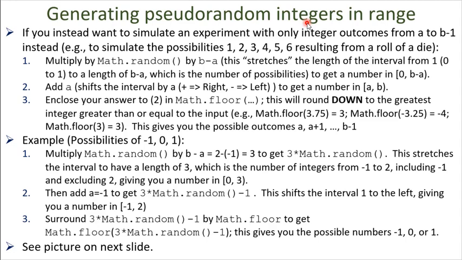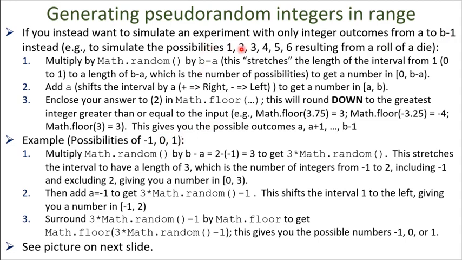But what if we instead wanted to get only integers, so integers being 0, 1, 2, 3, etc., and also possibly negative ones like -1, -2, -3, etc. So to be completely general, let's say we want to get integer outcomes from A to B minus 1, right?